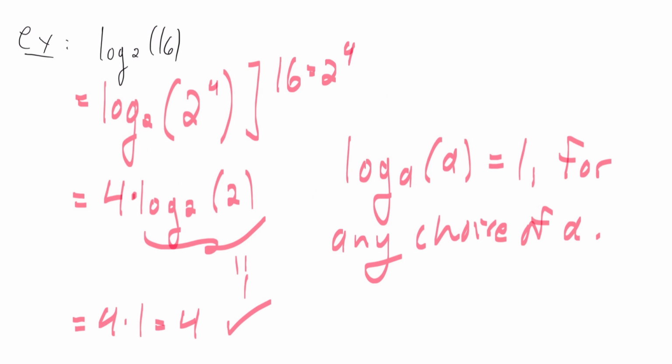Why is this true? Well, this is equivalent, if we put it into the exponential formulation, of a to the 1 equals a. So it's just a way of restating this true fact about exponentials in the context of logarithms. And it's a nice thing to keep in mind that log base a of a is always 1.